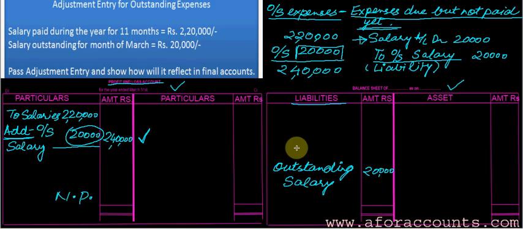Whatever is the outstanding expense will always generate a liability. A liability has a credit balance, so outstanding salary needs to be put here on your liabilities side. Outstanding salary 20,000. It can be anything. Just remember, outstanding salary, outstanding rent, outstanding wages are all the same in nature and their treatment will be the same.